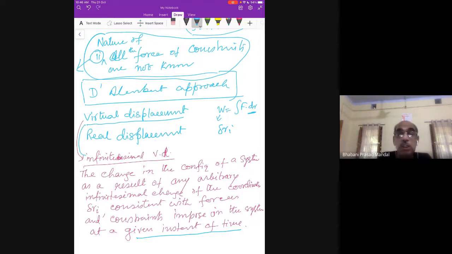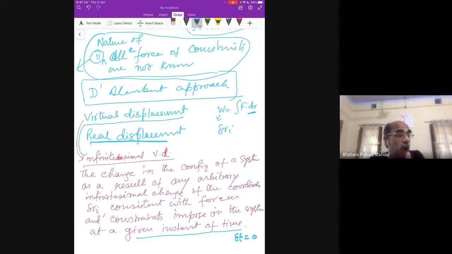So it should be consistent with all forces and the constraints imposed on the system, which means it is also consistent with the forces of constraint. But the most important thing, and the difference from the real displacement, is that it is at a given instant of time. That means a particular instant of time, delta t, there is no time interval for virtual displacement. No time interval, it is in a particular time.